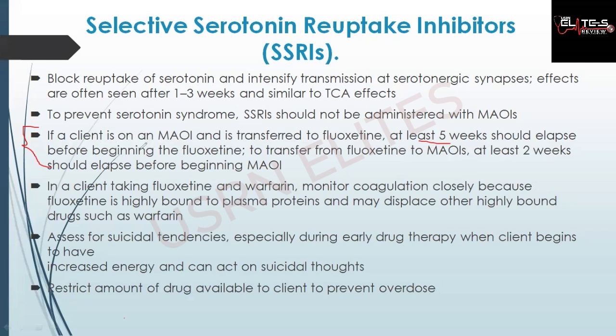So if a client is on an MAOI and is transferred to fluoxetine, which is an example of selective serotonin reuptake inhibitors, at least 5 weeks should elapse before beginning fluoxetine. Sometimes you have to give room for the drug to fade out.